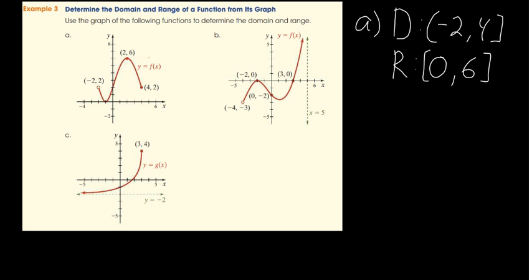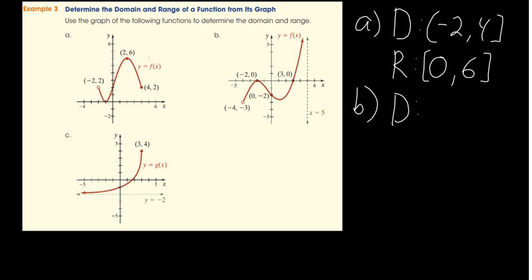All right, next B. The domain of B. It looks like we are existing from right here at -4 all the way to, right here at 5, we're getting infinitesimally close, but not actually touching 5. It looks like we're going to go into 4.9999999. On the x-axis, I should have drawn it from the x-axis, but we're going from here to there.